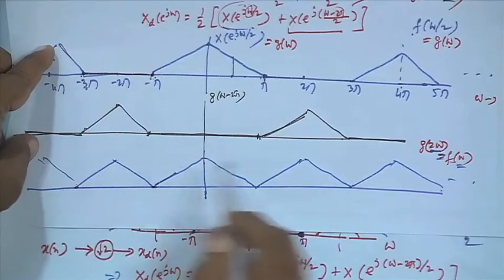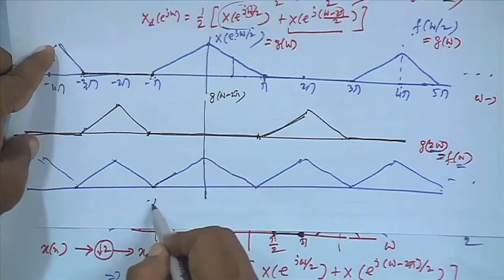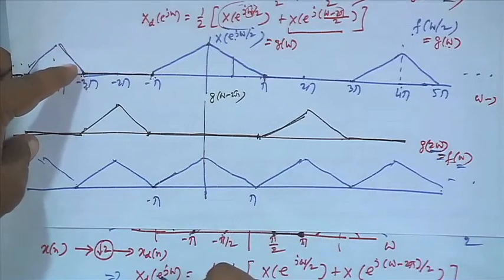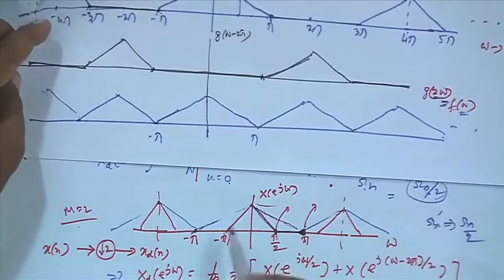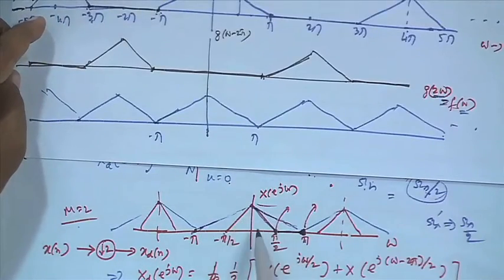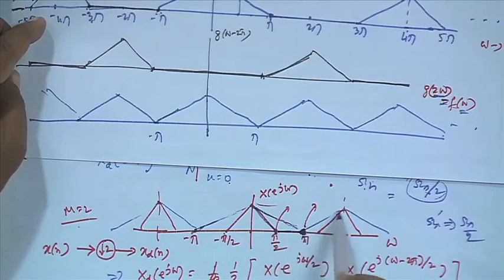Okay, this is the DTFT. All right, and you see this is the figure I said you will get. It will go from 0 to pi, again the same thing will repeat.